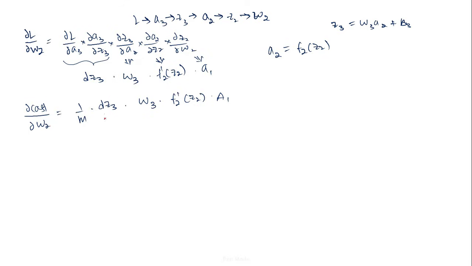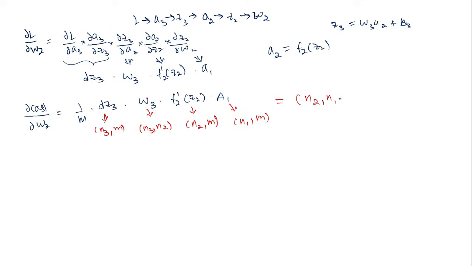The dimension of dz3 is going to be n3 comma m. This is going to be n3 comma n2. This is going to be the same as the dimension of z2, which was n2 comma m, and this will be n1 comma m. And the resultant dimension that we are looking for is that of w2, which should be n2 comma n1.